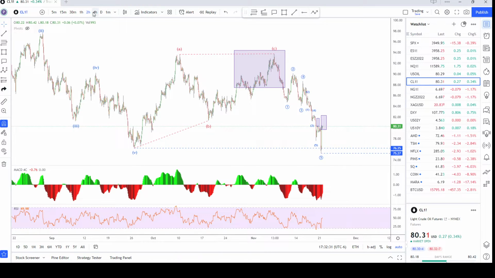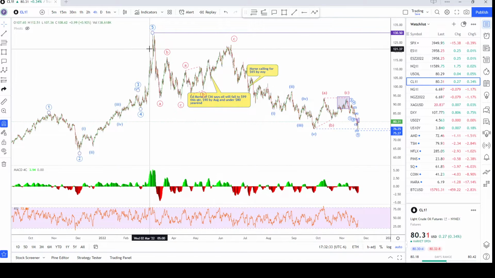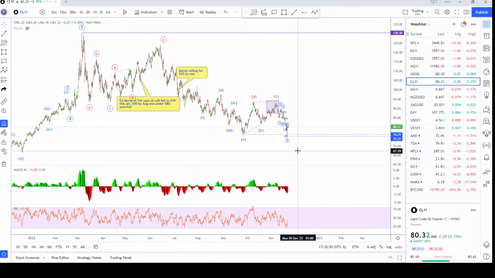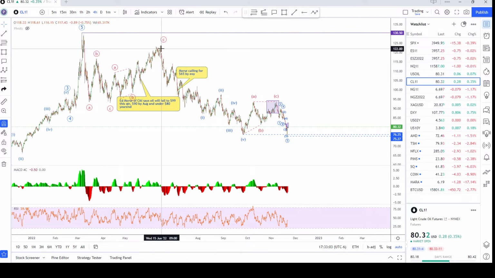Or, we could be, let's see, 4 hours. If this is creating a leading diagonal, this would be ABC for 1. This is ABC 2. We just did ABC 3. So now this whole move down, this big ABC down, this would have to correct if it's making a leading diagonal for down. So it'll be going up, and somewhere, could be 80, low 80s to, I'd say probably like mid 90s, some type of bigger correction for this whole wave.